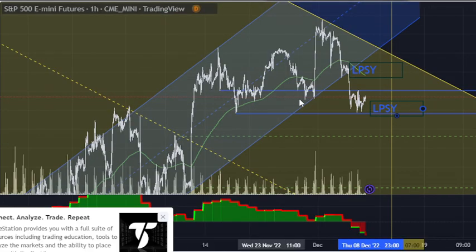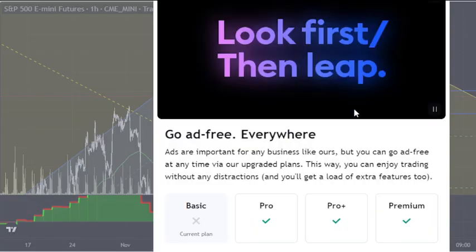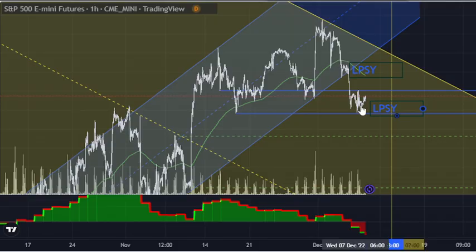Yesterday I was looking to see how high this could go before it comes back. Let's go back to the schematic real fast.